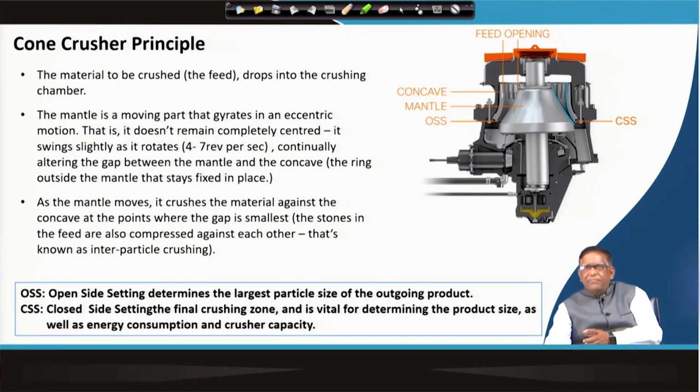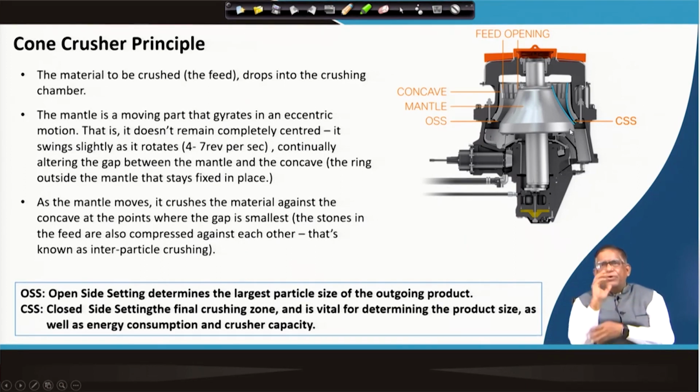During the rotation, once it gets open, then it gets closed, then open again, and closed, like that in every rotation. By that the particle is given compression, which will be more than the breaking strength of the rock, and then it will break.